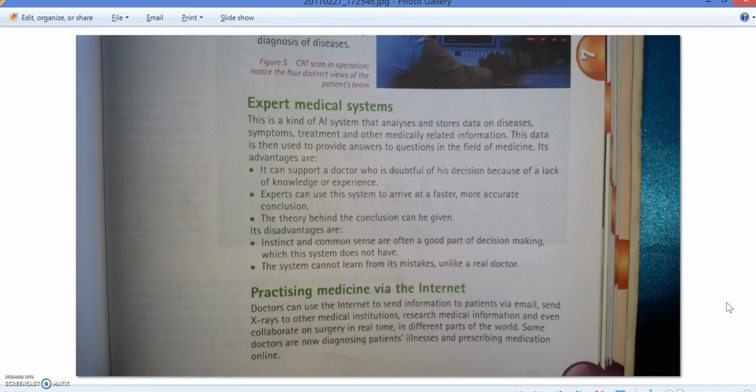But this last sentence here, with doctors diagnosing illnesses and prescribing medicine online, you have to be a little bit careful there, because a doctor really has to examine the patient in person to make a proper diagnosis and to be able to prescribe medicine.